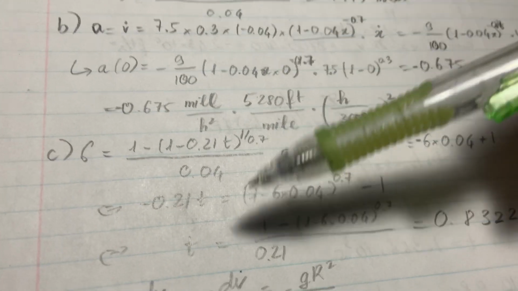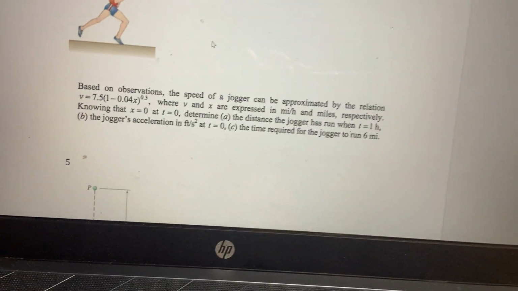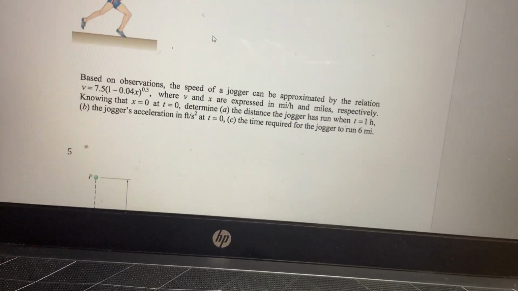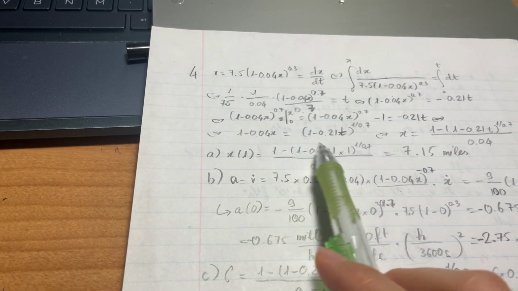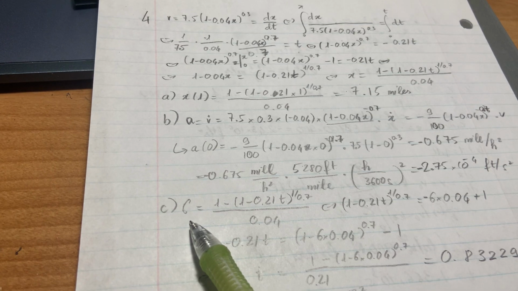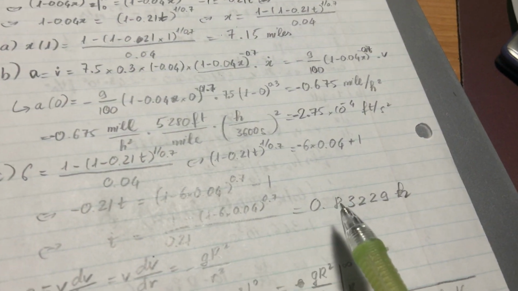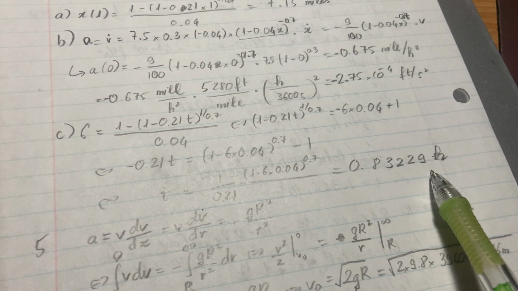And the last question is the time required for the joggers to run 6 miles. So this is the s equation. I just substitute 6 over here to find the t. So we're going to have t equals this one.